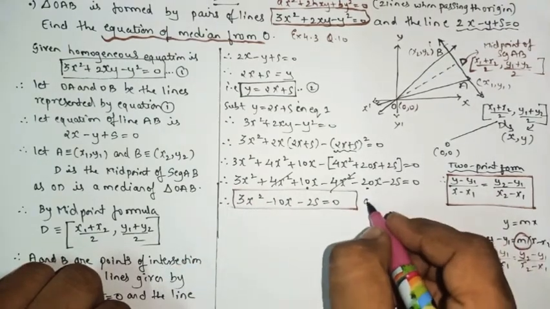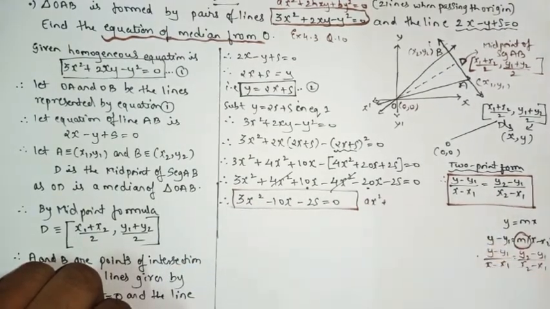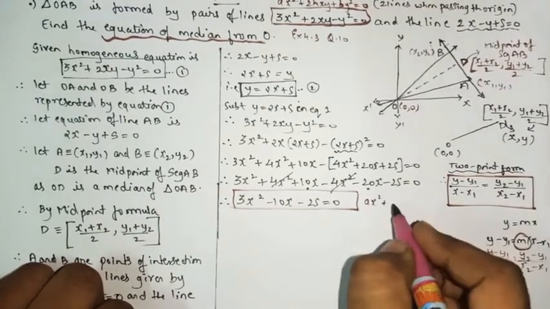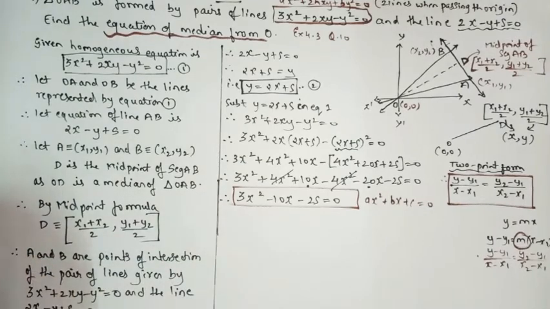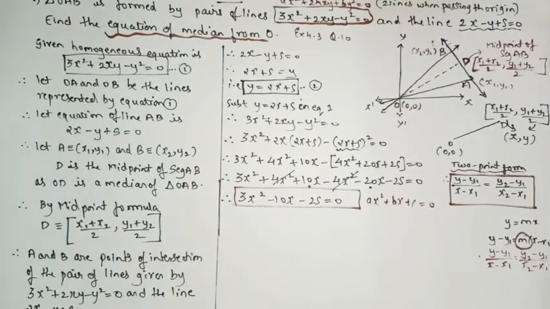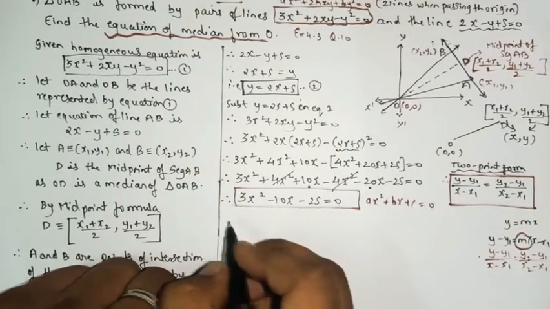Okay, so now after getting this equation, as this looks like a quadratic equation which is in the form of ax square plus bx plus c equals to 0, now instead of doing splitting of the middle term, here we will do what?